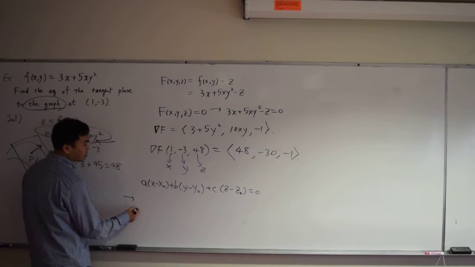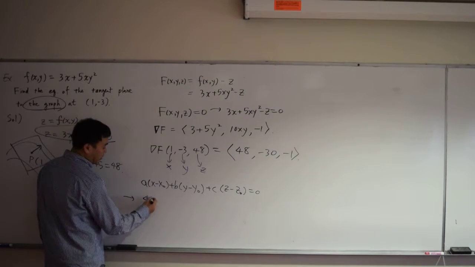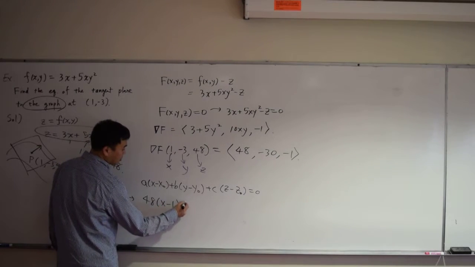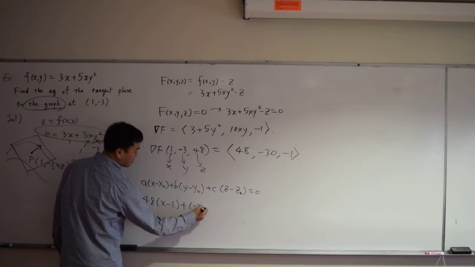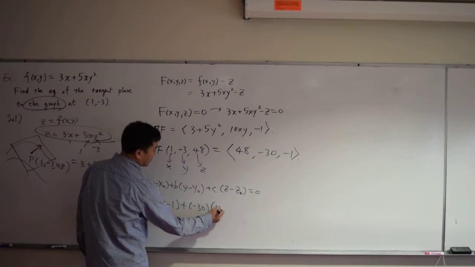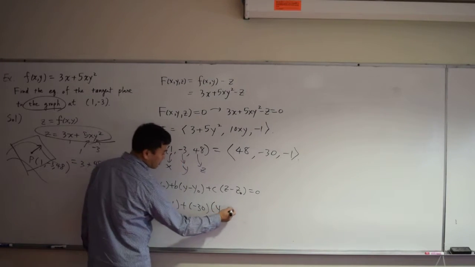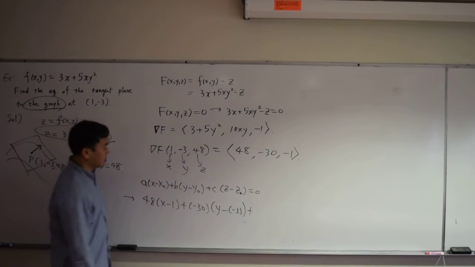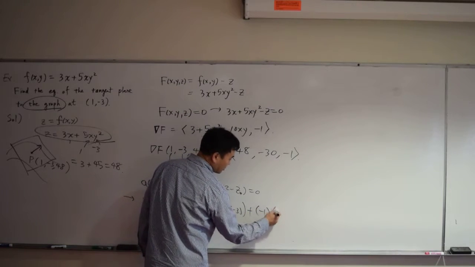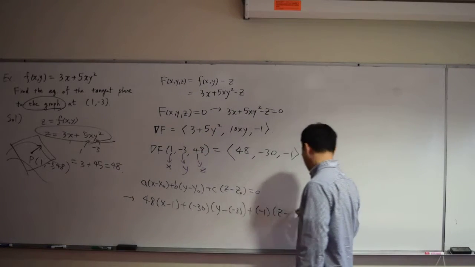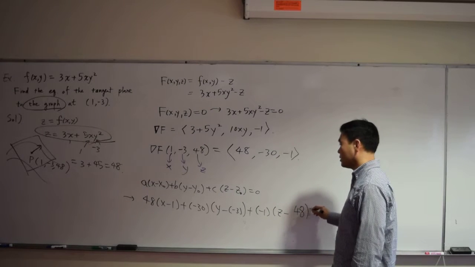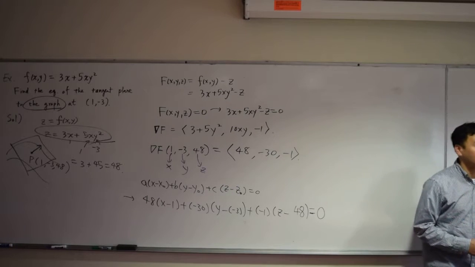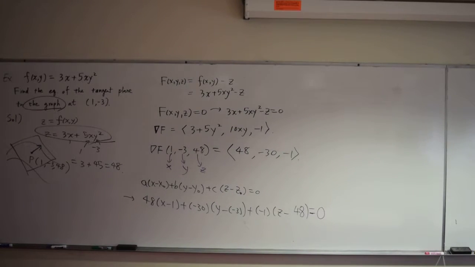And that means it's 48 times (x minus 1), negative 30 times (y minus this one, negative 3), plus negative 1 times (z minus 48) equal to 0. That's the equation of the tangent plane.